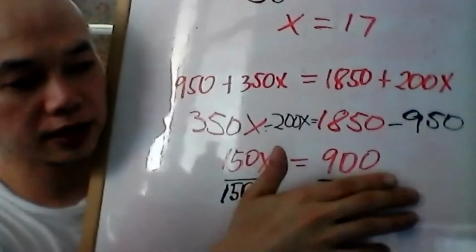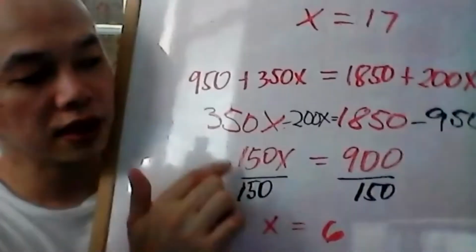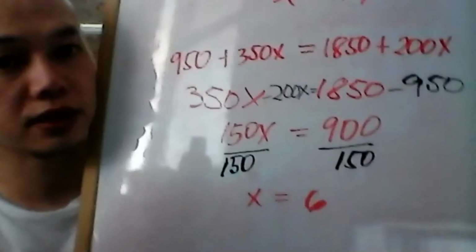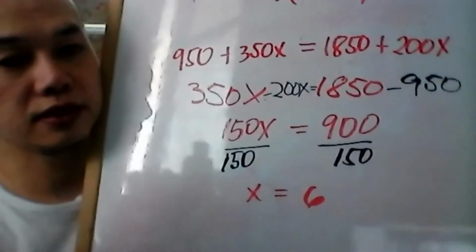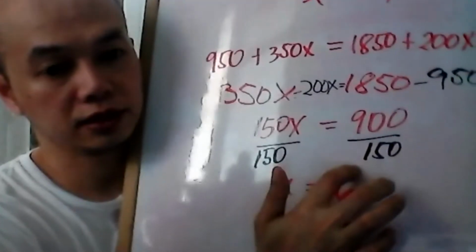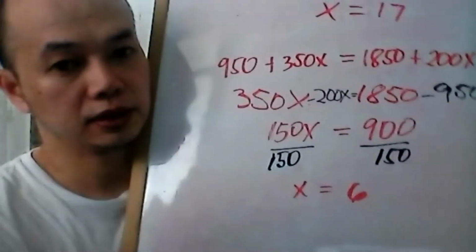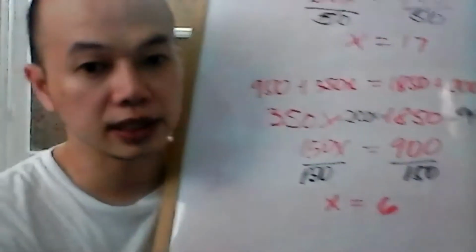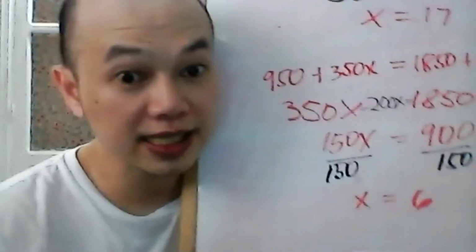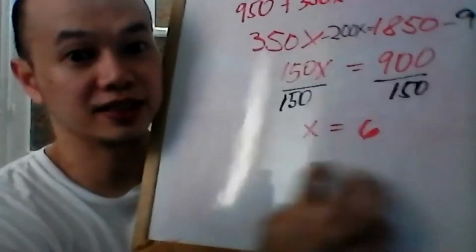And then after that, divide by 150. 900 divided by 150. The answer is 6.